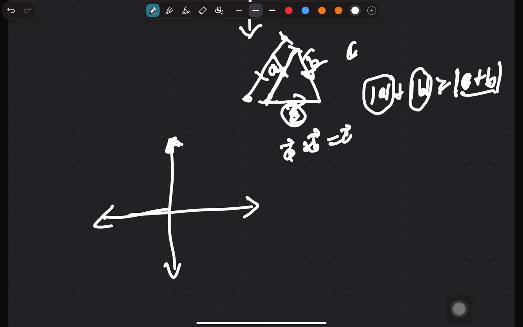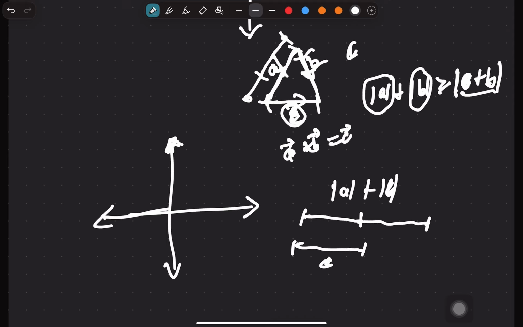When we couple it with the length of B and compare it to the length of this C, the summation, magnitude of A plus magnitude of B, is obviously greater than the magnitude of C, which is the same as the magnitude of A plus B.